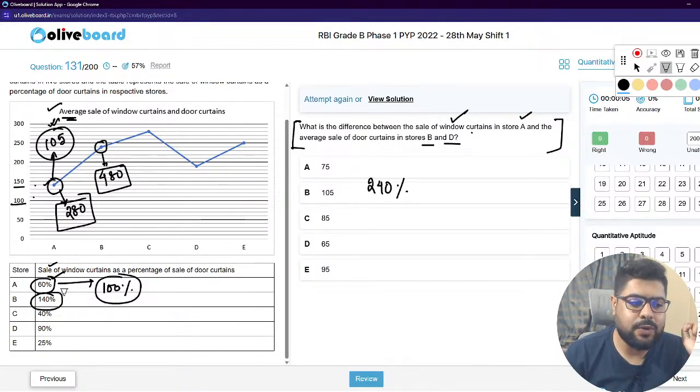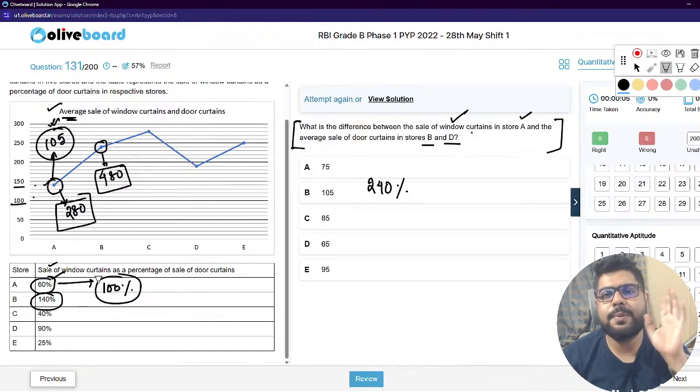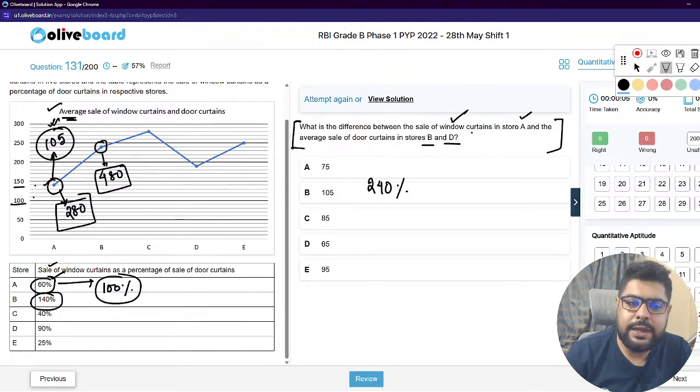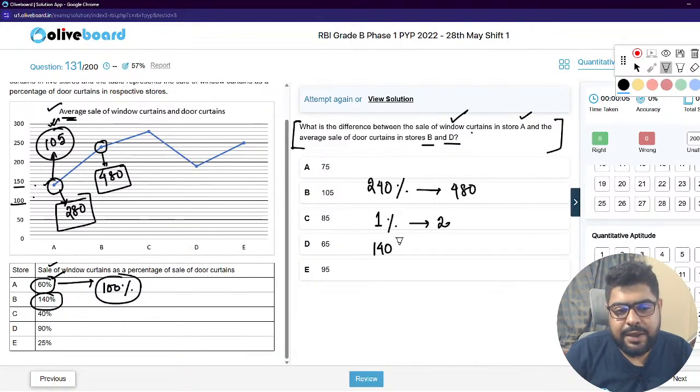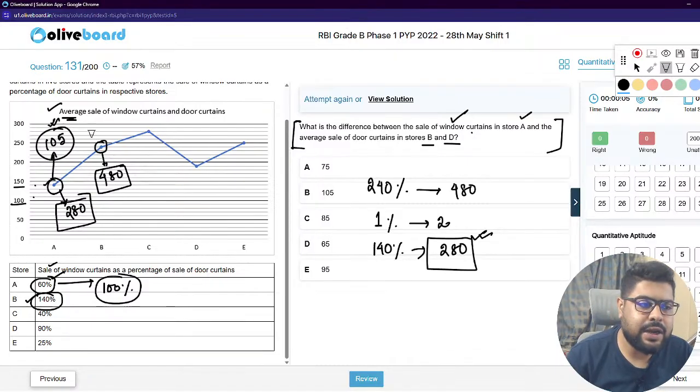Everyone try to understand: 140% window, 100% door. So total 240 represents 480, meaning 1% is 2. Now I need window curtains, not door curtains, so 140% value I need, because 140% is window. So it will be 140 into 2, 280. So one thing I got is 280 for B.